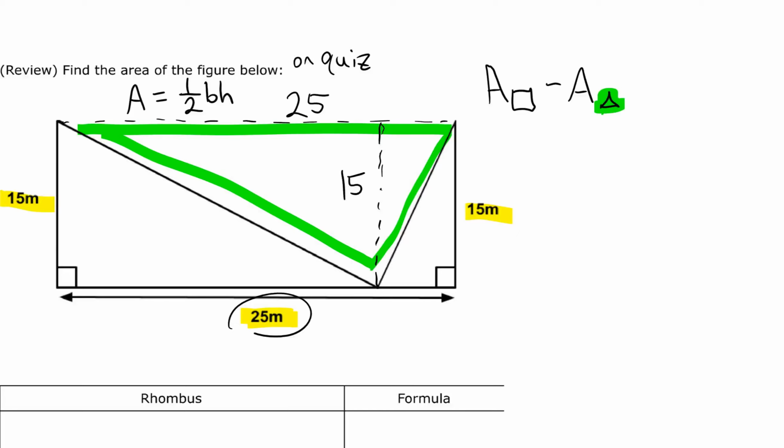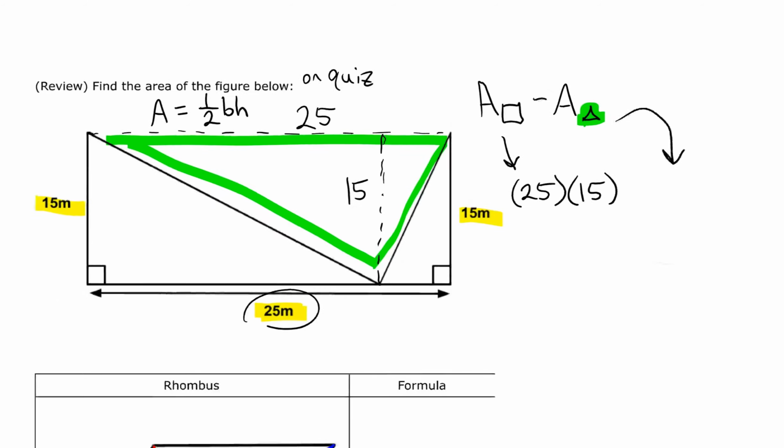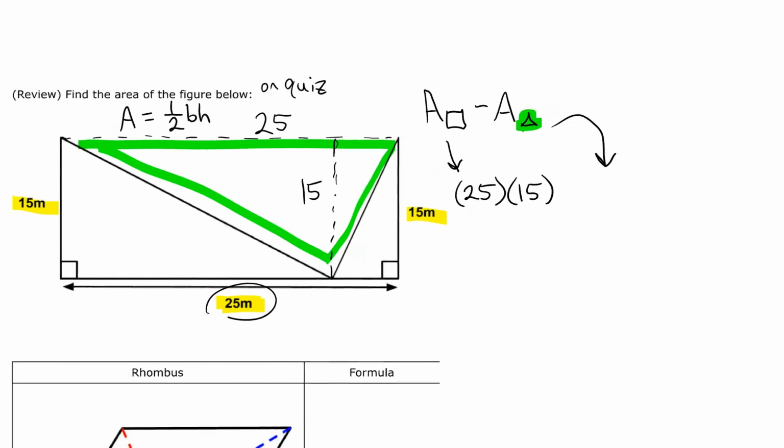Okay, so area of a rectangle is just base times height. So that is just 25 times 15. And the area of the triangle is going to be 1/2 its base times its height. So this will be minus 1/2. The base of the triangle is 25 and the height is 15.